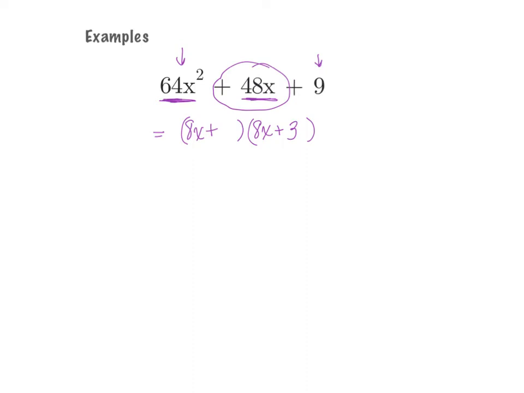So if we multiply, oh, I forgot to put 3 here. If we multiply 8x times 3, that is 24x, and 24x times 2 is 48x. Okay, so it does work out. So you can write your answer as this, but the simplest way to write this answer is quantity 8x plus 3 squared.